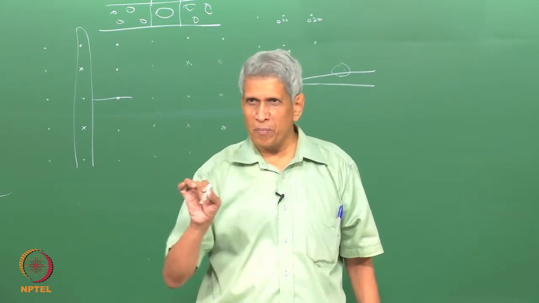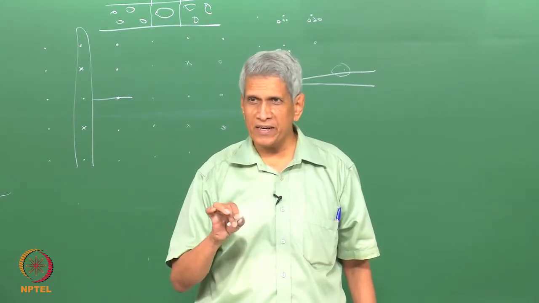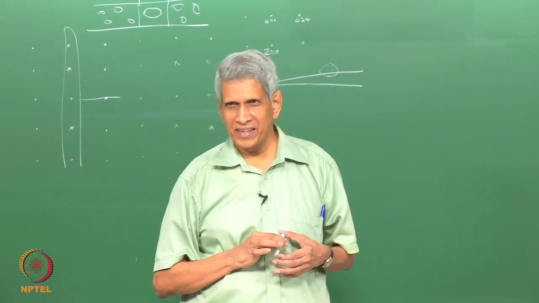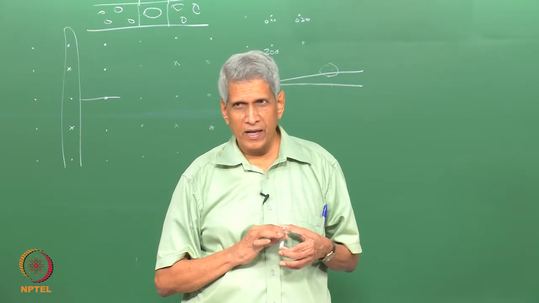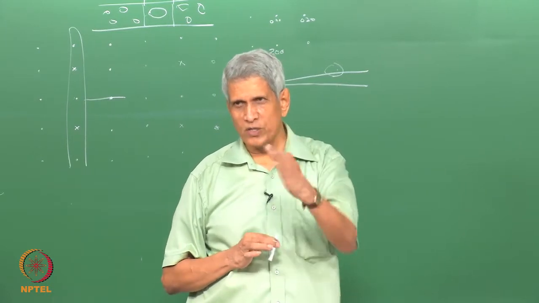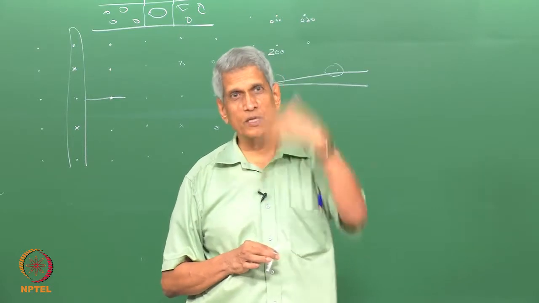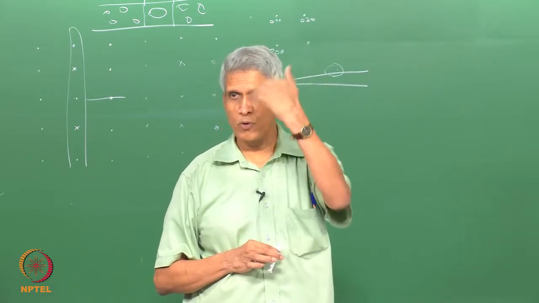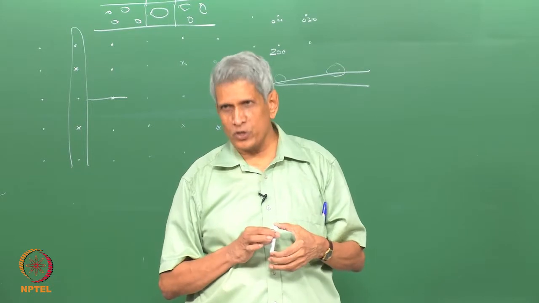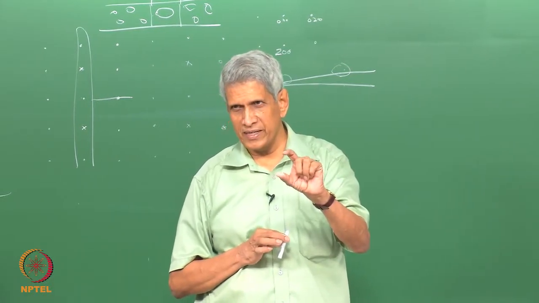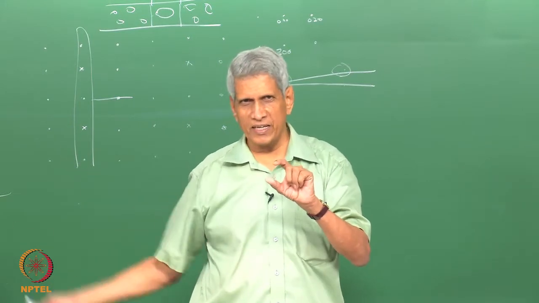So what is the probability that it gets scattered twice? P1 into P1, P1 squared, correct? Whereas for one scattering it is P1. So the intensity will get reduced considerably, and when the thickness of the sample becomes large, the probability of multiple scattering increases.